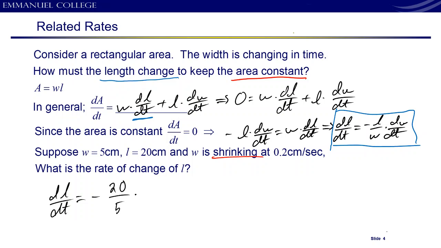If they say increasing or decreasing, you have to keep in mind what that means in terms of what you're dealing with. So if the width is shrinking at a certain rate, then this has to be negative 0.2. And so our rate of change is just negative 4 times negative 0.2, which is going to be positive 0.8.